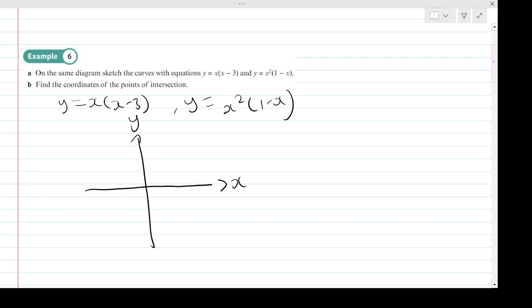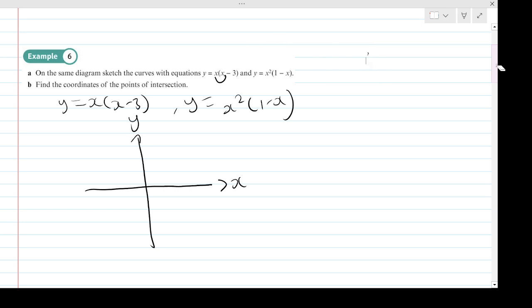Hopefully you recognize the first one is a quadratic. Again, we know how to sketch quadratics. So firstly, what type is it going to be, a positive quadratic or a negative one? Well, it's going to be positive, because x times x is x squared, and the coefficient is positive 1, so it'll be a smiley U shape.